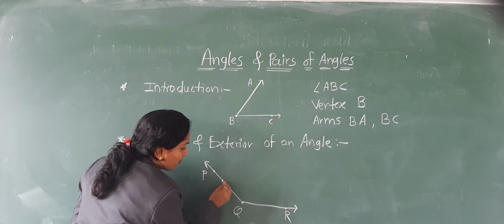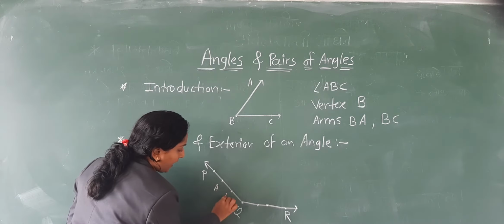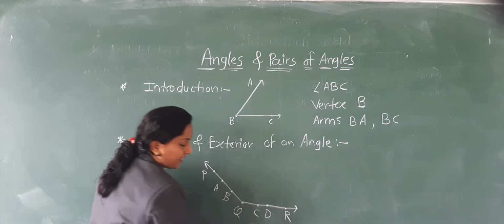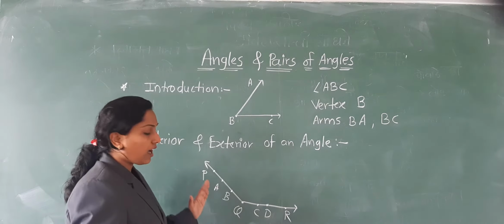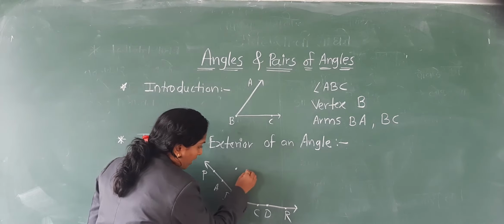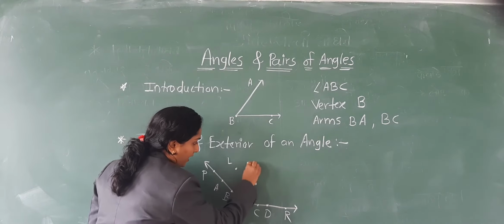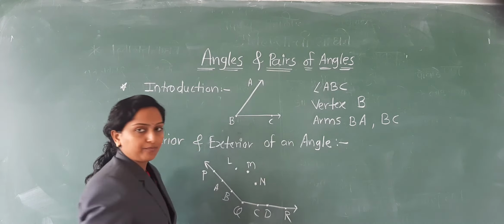There are some points on the angle. Suppose A, B, C, D are the points on the arms of the angle. Suppose I will give some points here also, and their names are L, M, N.